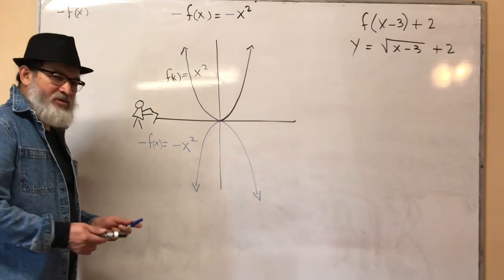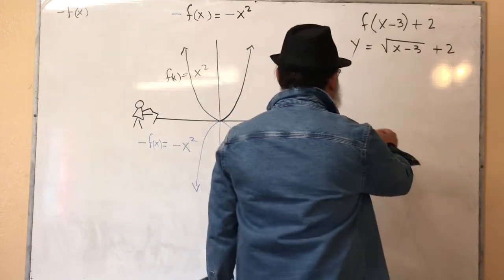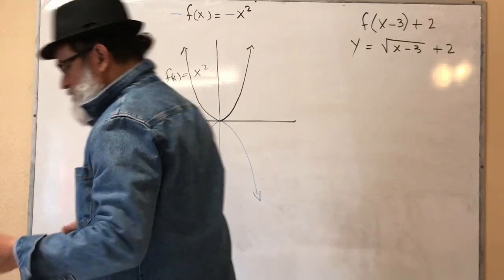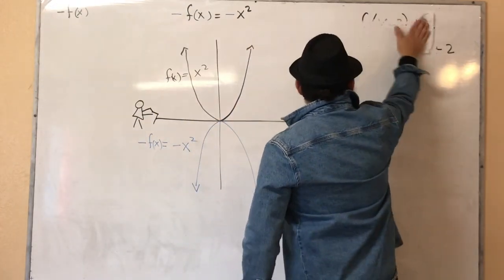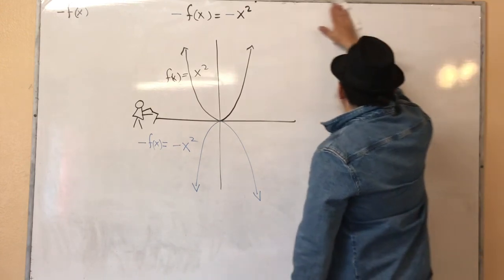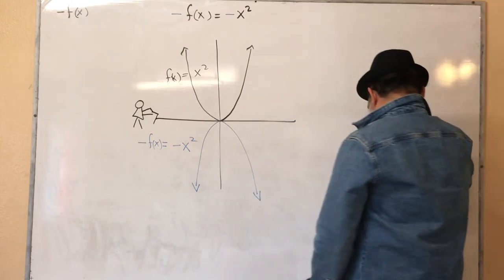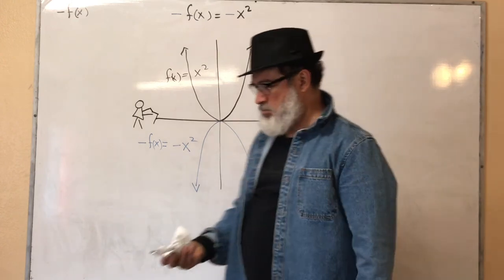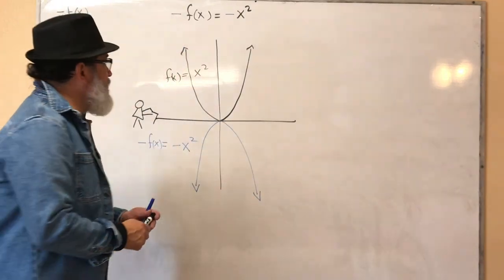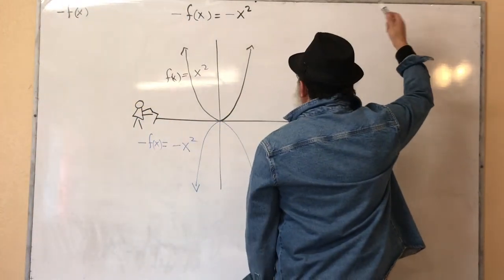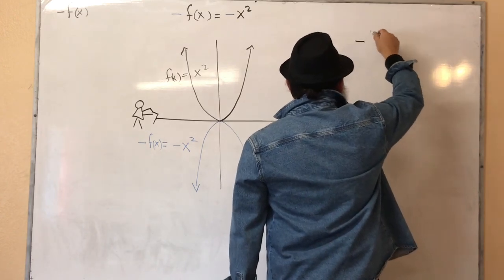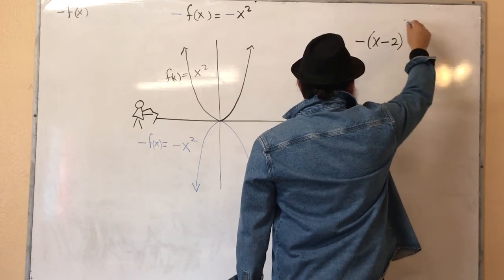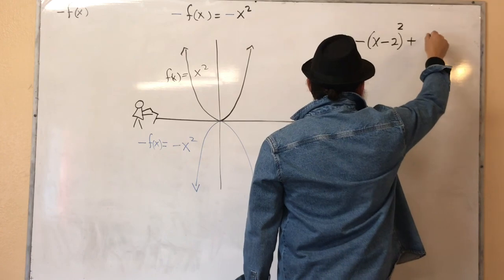Let me give you an example. Let's graph the following. Let's graph, everybody. Let me erase this so we don't get confused. We're graphing negative x minus 2 quantity squared plus 1.